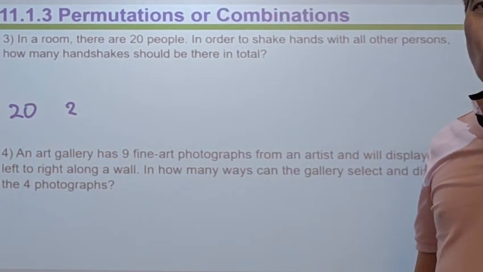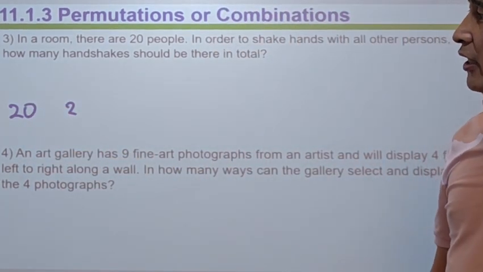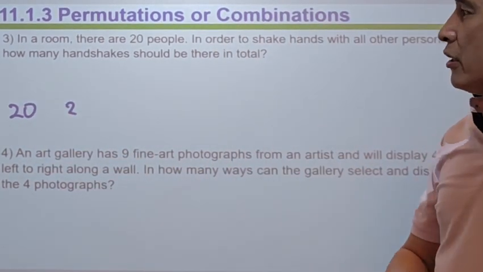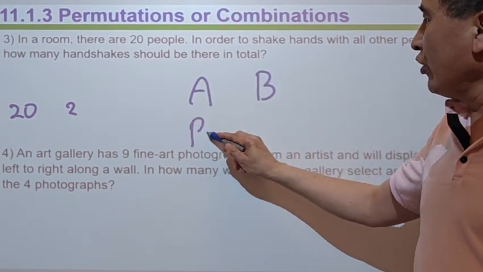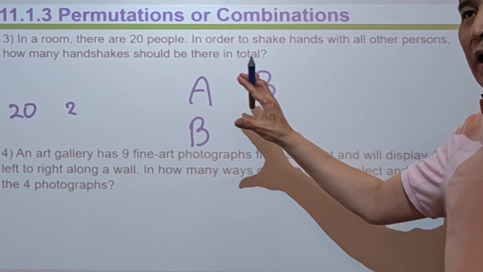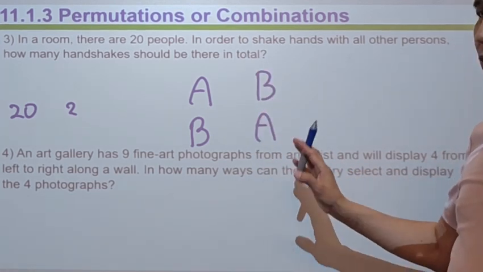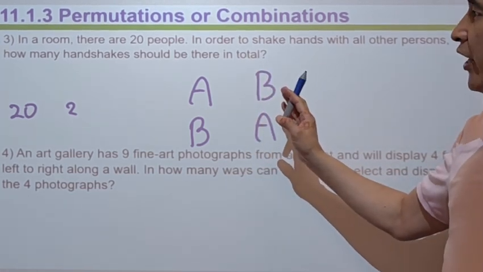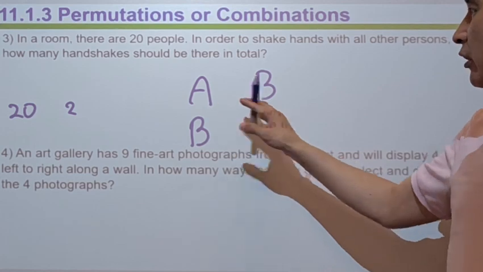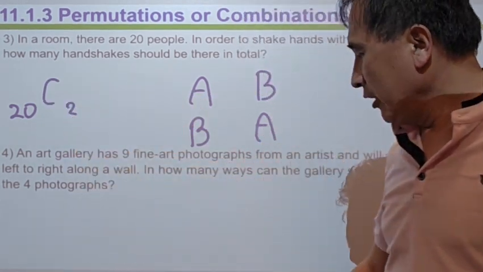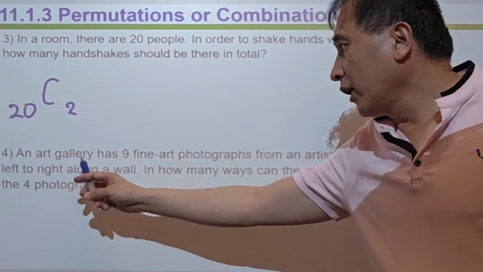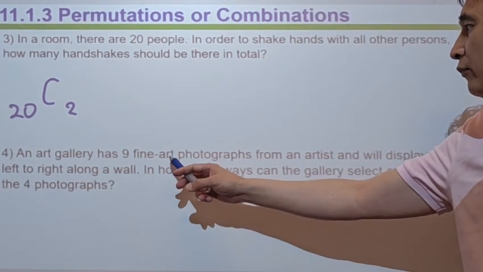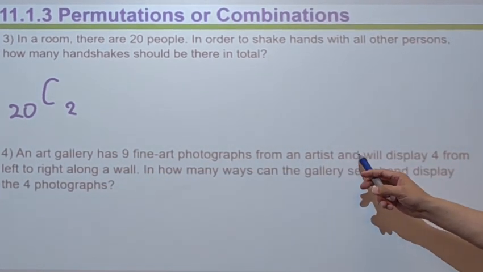But now the key thing is whether order matters or doesn't matter. So if A is selected first and then B, or B is selected first and then A, is that the same handshake or different? It's not different at all, right? This is the same. Then order doesn't matter. That's a combination, right?